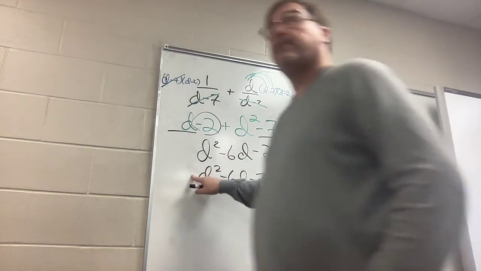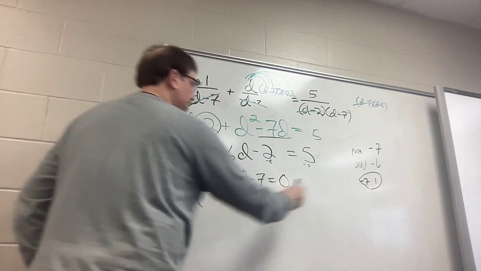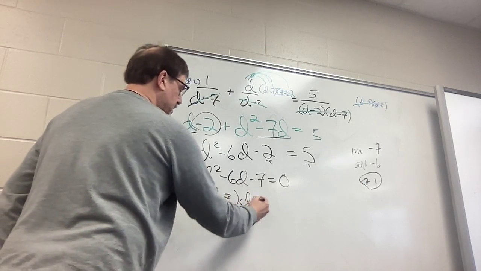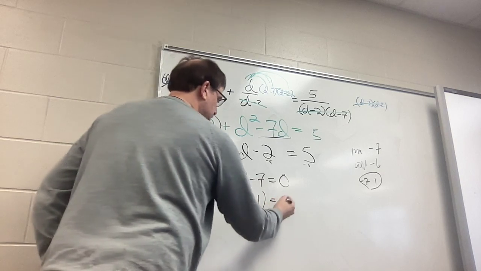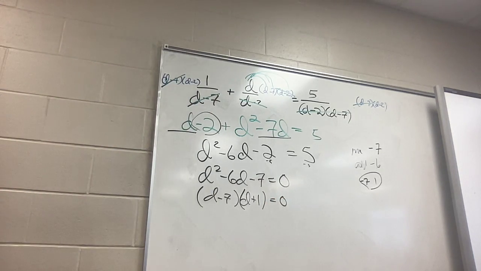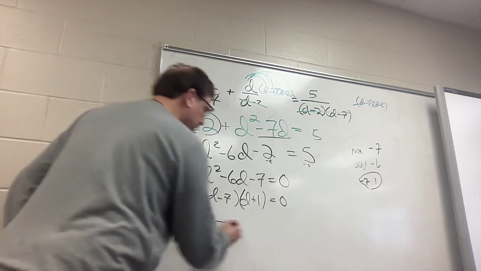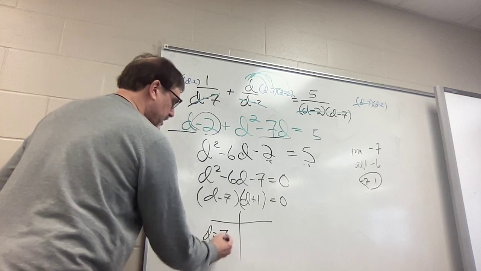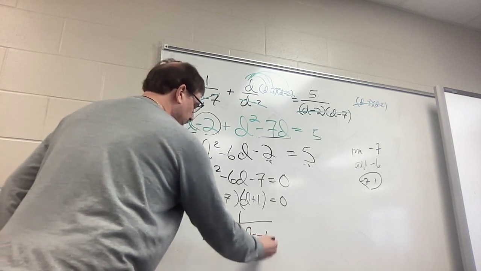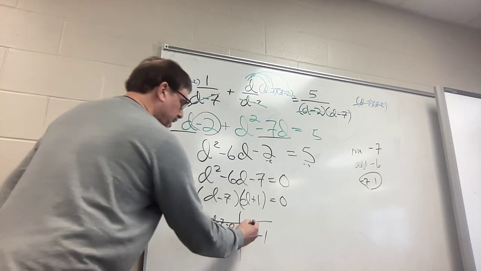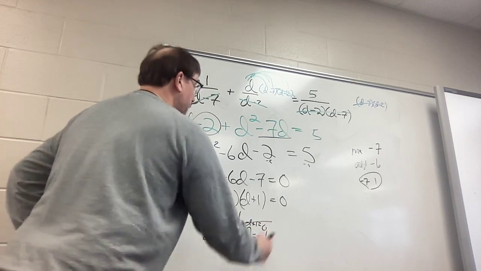When the leading coefficient is 1, you can just jump to the answer of d minus 7 and d plus 1 equals 0. A real teacher would say do the zero product property. We do the big T, and d equals 7 and d equals negative 1. Let me do the whole thing. D minus 7 equals 0 and d plus 1 equals 0.